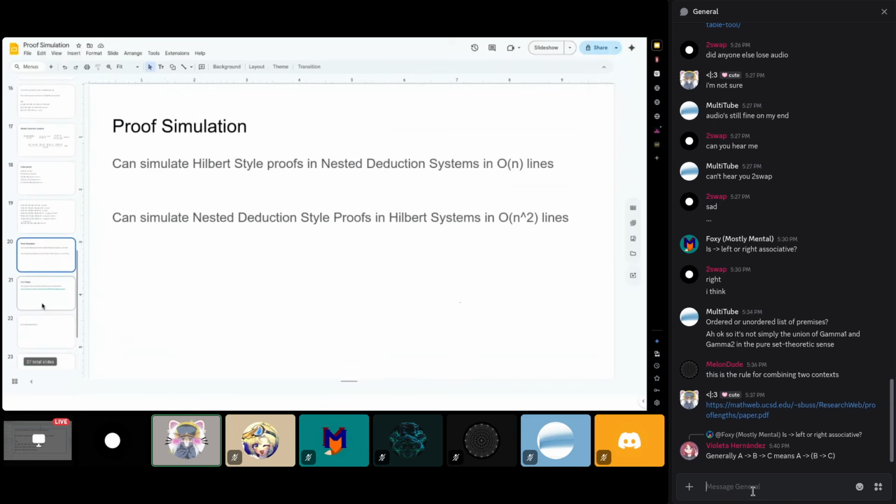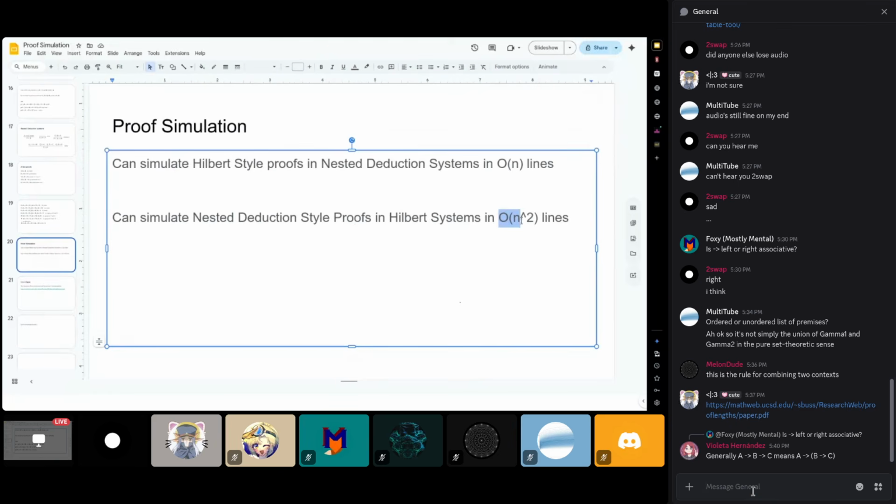So if you have more than one assumption and you just naively do that process over and over again, you end up with big O of n to the d, where d is the number of hypotheses. So that's terribly slow. There's another method that's kind of common, that's big O of n squared.